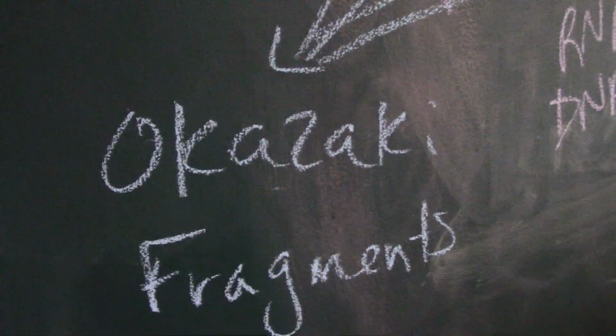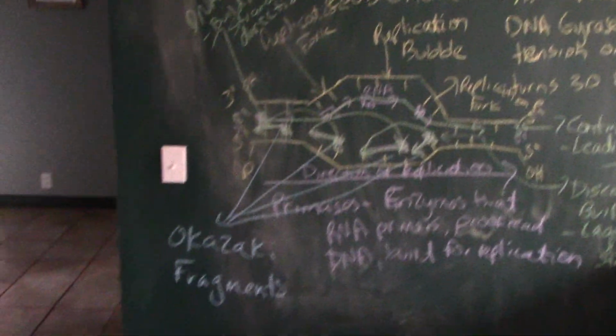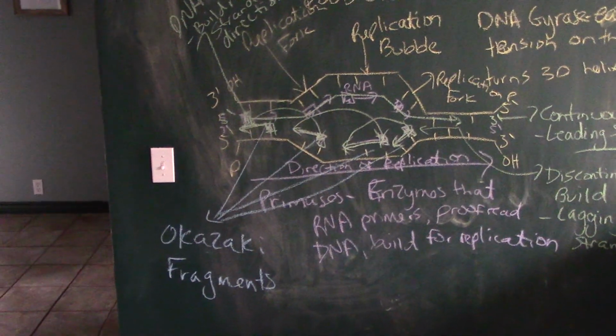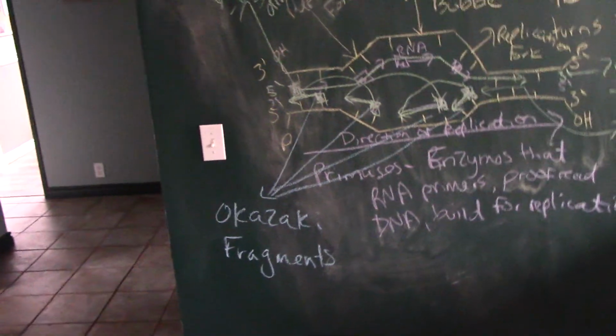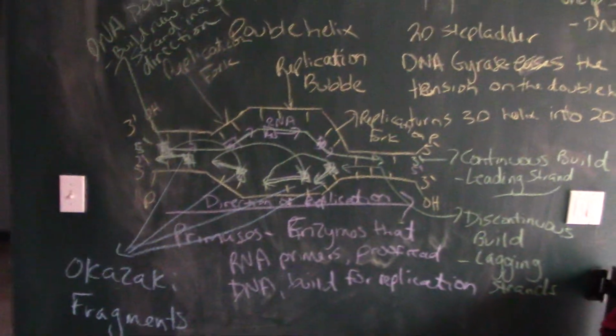Okay, these are called Okazaki fragments, named after the guy who discovered them. Okay, so those are Okazaki fragments. All right, so we're almost done here. Now, what needs to happen is these Okazaki fragments need to be annealed or bonded together.